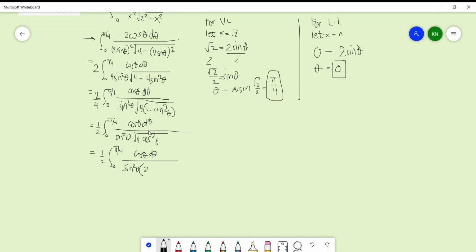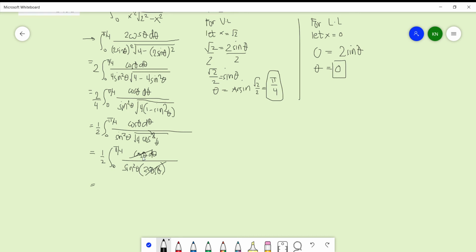The square root of cosine squared will be cancelled, so we have cosine theta. Now, as we know, cosine theta from the numerator and from the denominator can be cancelled. So we have d theta left from our numerator, and then we have 2 sine squared theta from the denominator.